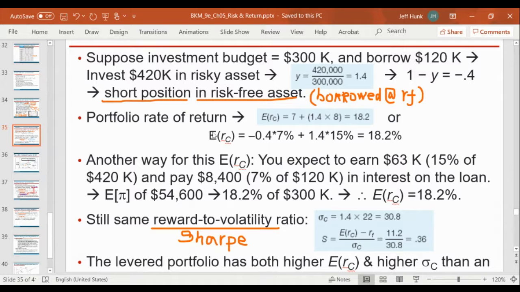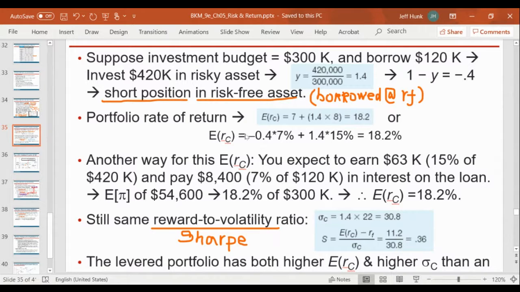And then the portfolio rate of return will be computed. The risk-free return is 7%, and the return on the risky portfolio is 15%.